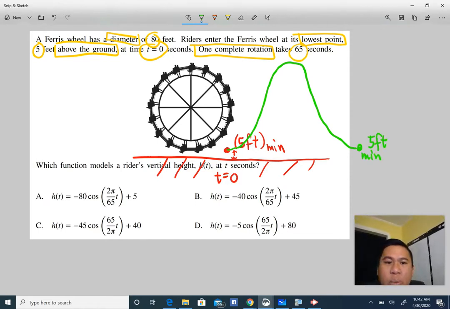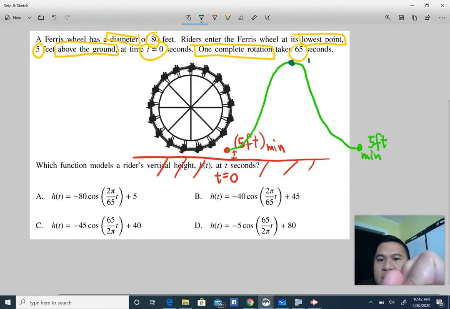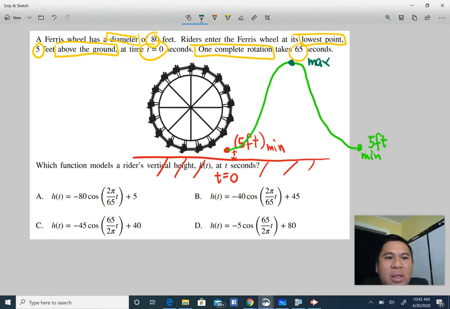But we'll consider what the maximum point above will be. To get the maximum point, it says that the diameter is 80 feet. That means from that maximum point to the minimum point is 80 feet.